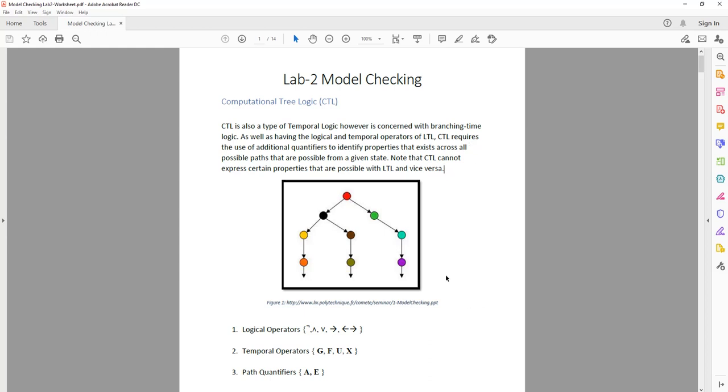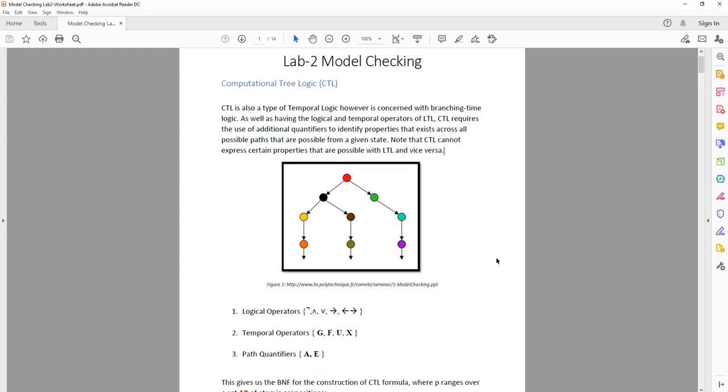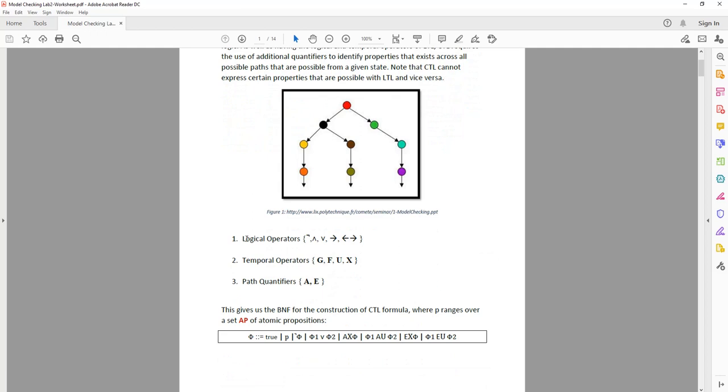Again, in CTL we have our logical operators. As we saw, these are the same as what we did in the ADD lib. We have our temporal operators, which we saw in the previous lab, the LTL lab. And now we have path quantifiers, A and E. A stands for all paths, and E for exists a path. This gives us the BNF, the construction of CTL formulas, where P ranges over a set of atomic propositions.